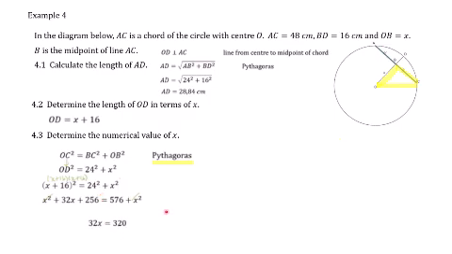So x will be 320 divided by 32. The final answer you will get after you divide 320 by 32 will be 10 over here. So x is equal to 10 centimeters.